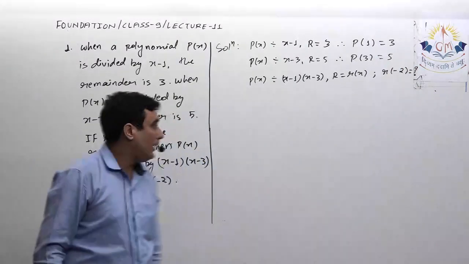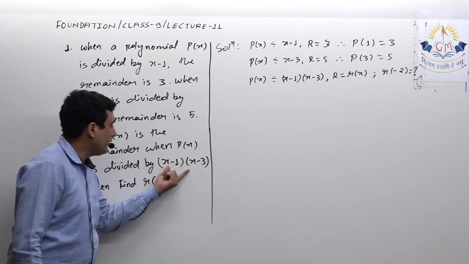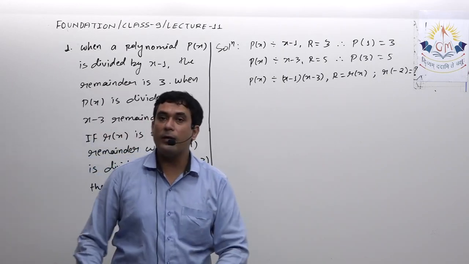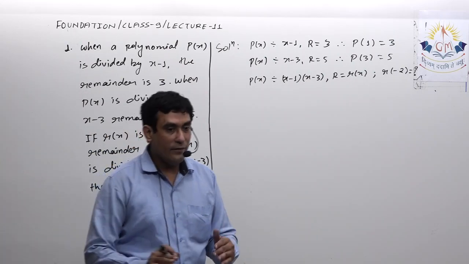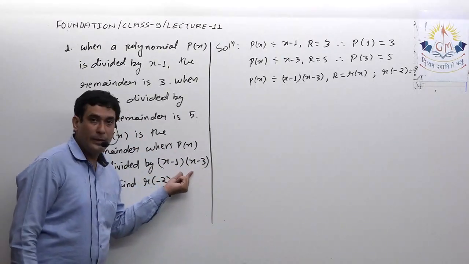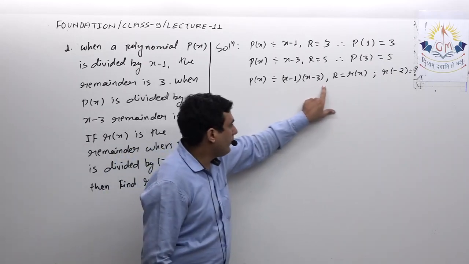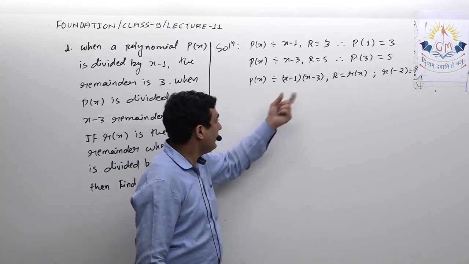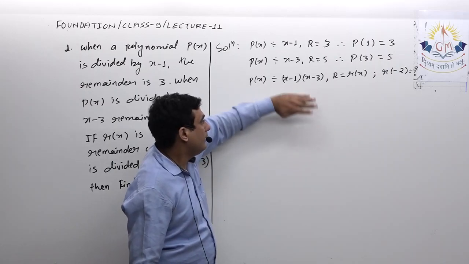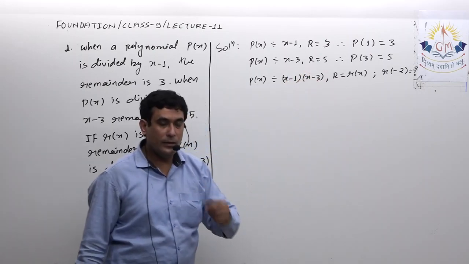So let us see how to find this. First of all, we have to find the remainder when a polynomial is divided by a quadratic polynomial. When a polynomial is divided by a quadratic polynomial, the degree of the remainder must be less than the degree of the divisor. The degree of the divisor is 2, so the degree of the remainder must be either 1 or 0.